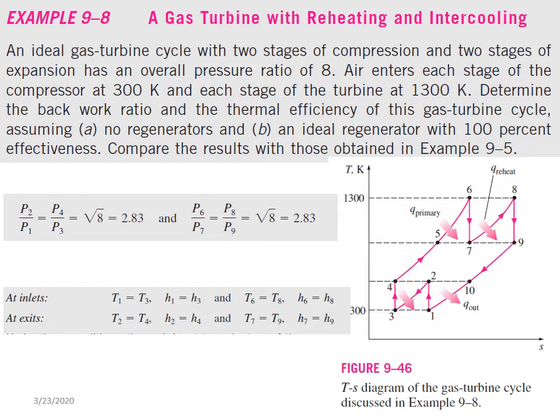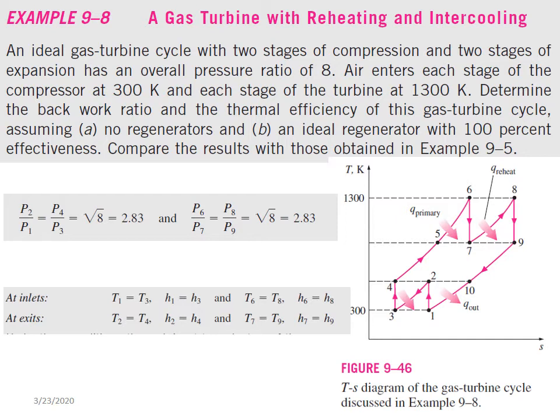So temperature T1 at point 1 will be equal to temperature at point number 3, and enthalpy at point number 1 will be equal to enthalpy at point number 3. These are the inlet parameters during compression. For the inlet parameters during expansion, T6 will be equal to T8, and enthalpy at point 6 will also be equal to enthalpy at point number 8.